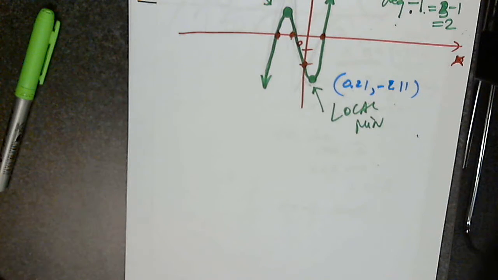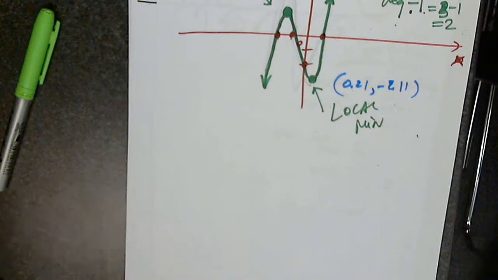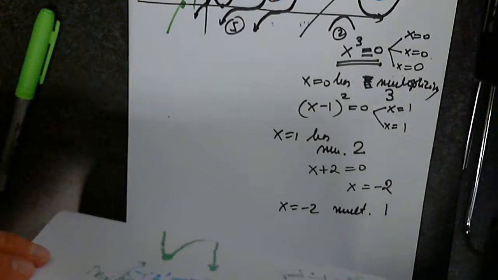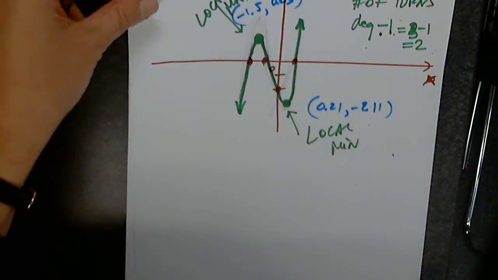I would like you to choose from the same page any even degree function. 47. Yes, it is. Very good. So I have 4, 8, 9, and 10.